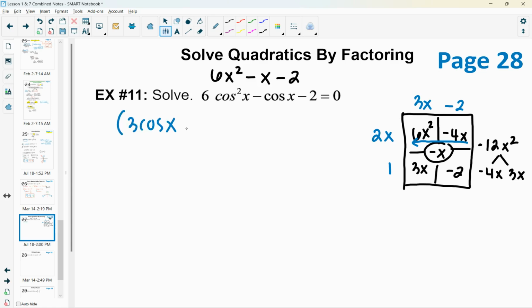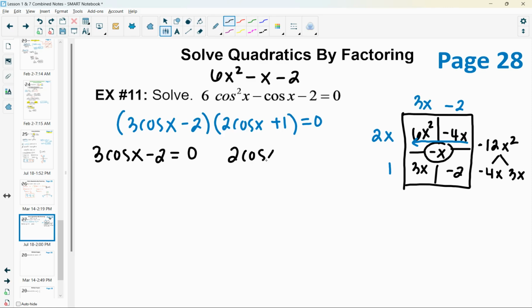So 3 cosine of x minus 2 and 2 cosine of x plus 1 equals 0. So then we can split these and solve them. So 3 cosine x minus 2 equals 0, and 2 cosine x plus 1 equals 0.